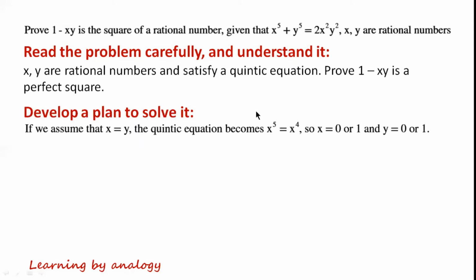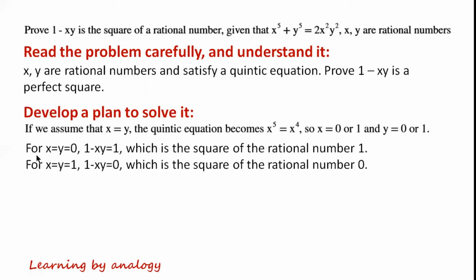If we assume that x equals y, the quintic equation becomes x to the power of 5 equals x to the power of 4. So x equals 0 or 1 and y equals 0 or 1.